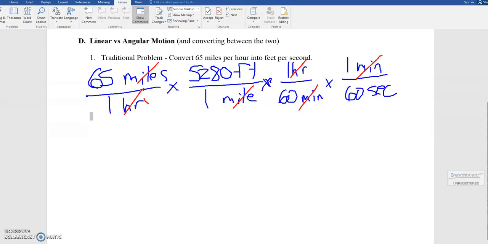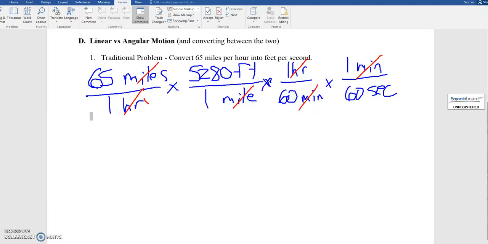And now if you look at my work, my units in the numerator are feet and the units in my denominator are seconds. And so now it's just a matter of simplifying the numbers that I see here. And that's not going to be too bad. If I were to multiply all the numbers in the numerator together, 65 times 5,280 times a 1 times a 1, I would get 343,200.